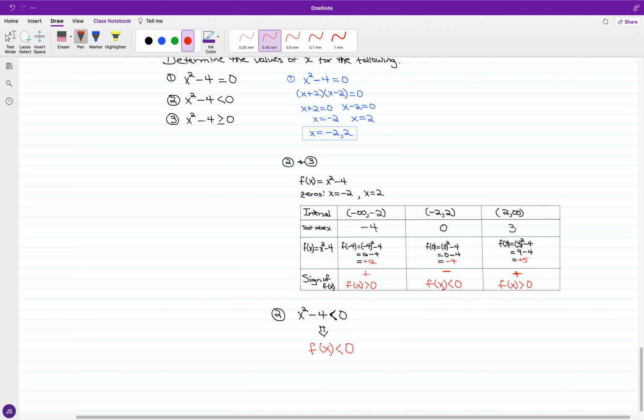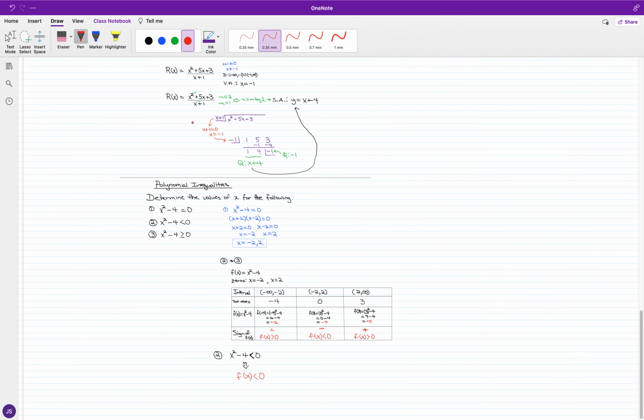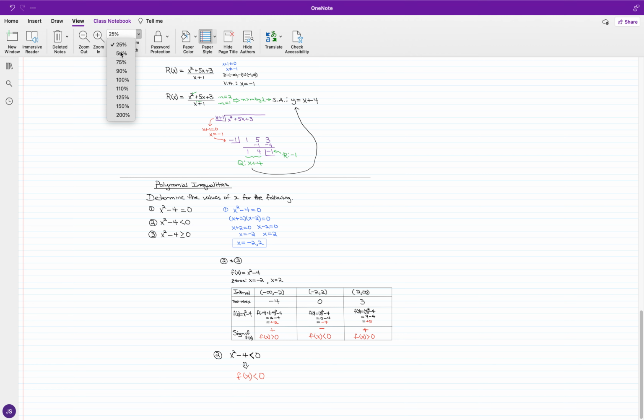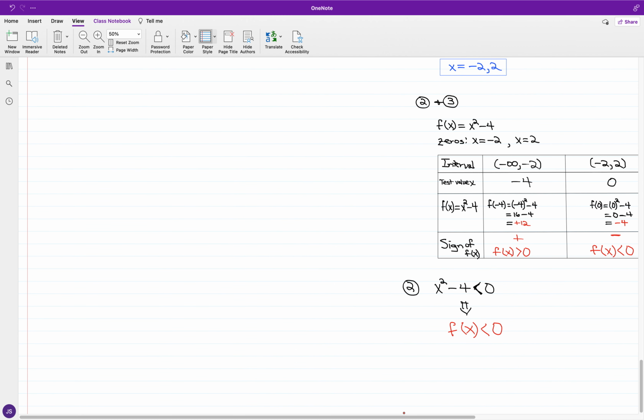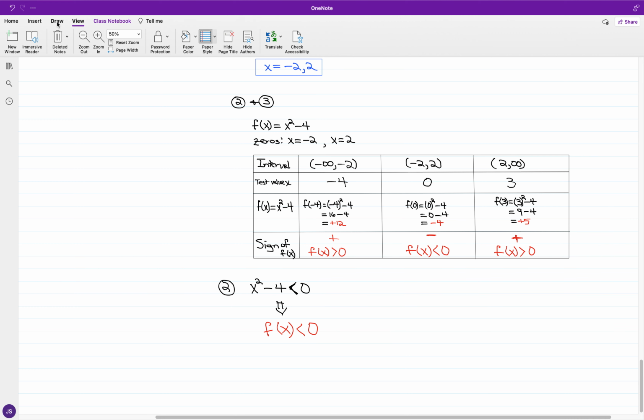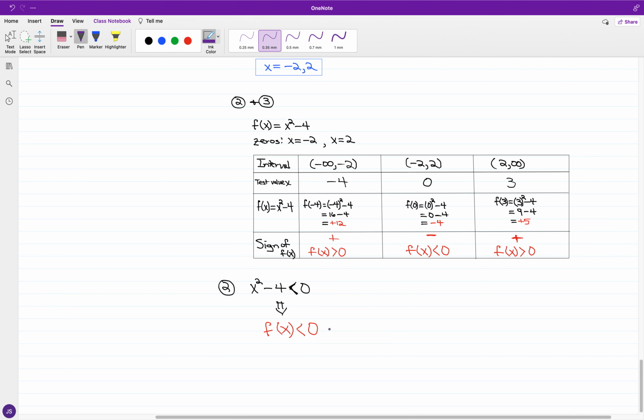If you notice, you have f of x less than 0 in the middle section, and at the top you have the set of values of x. So looking at the top row for the solution, those are the values of x such that negative 2 is less than x, which in turn is less than 2.